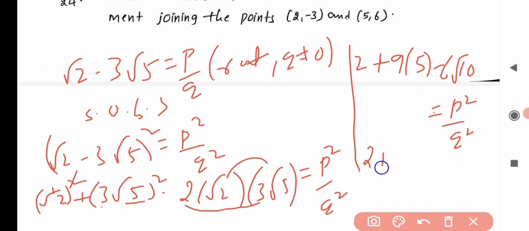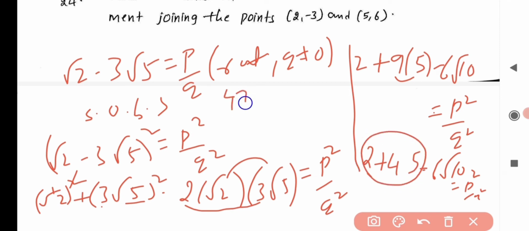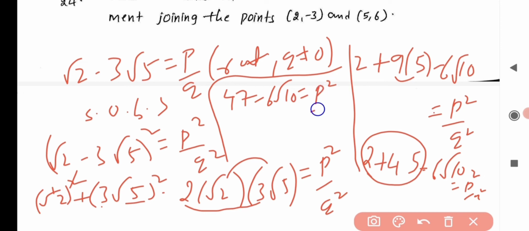Okay, 2 plus 45, so 9 fives are 45, minus 6 root 10 equals p square by q square. Here 2 plus 45 means what? 47 minus 6 root 10 equals p square by q square. So 47 changes to the RHS as minus 47, so minus 6 root 10 equals p square by q square minus 47.